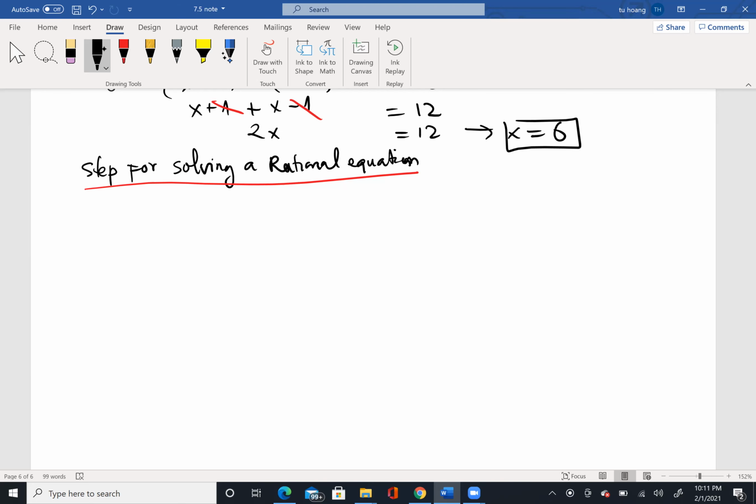So, step 1: find the LCD of the terms in the equation. You need to find the LCD.